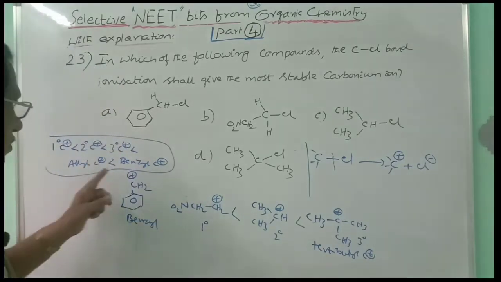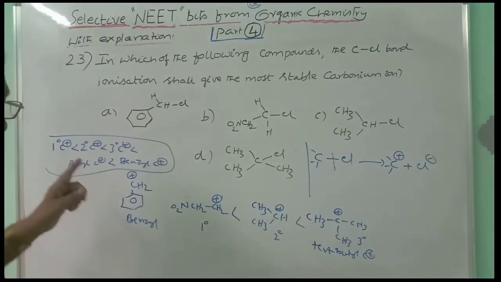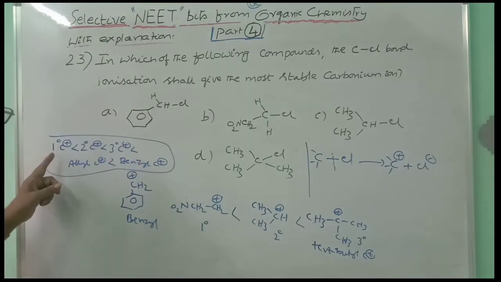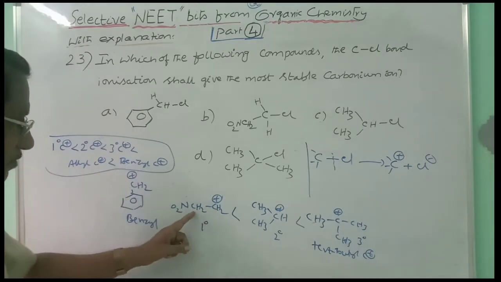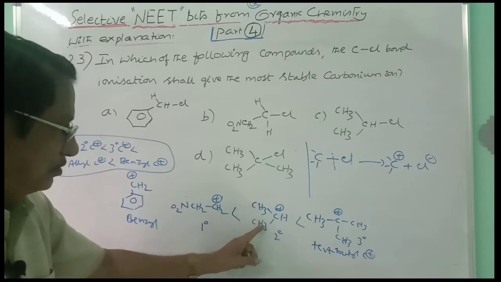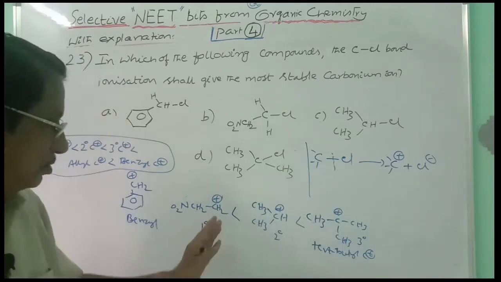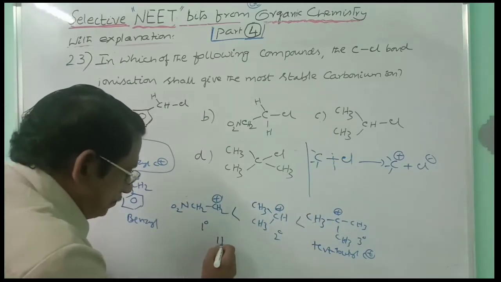Allyl carbocation and benzyl carbocation are getting resonance stabilization, through the mesomeric effect, minus M. And in primary, secondary and tertiary carbocations, the carbocation is carrying alpha hydrogens. This carbon is carrying alpha carbons with 2, 6 hydrogens, and here alpha carbons have 3, 9 hydrogens. So these can be stabilized by hyperconjugation.